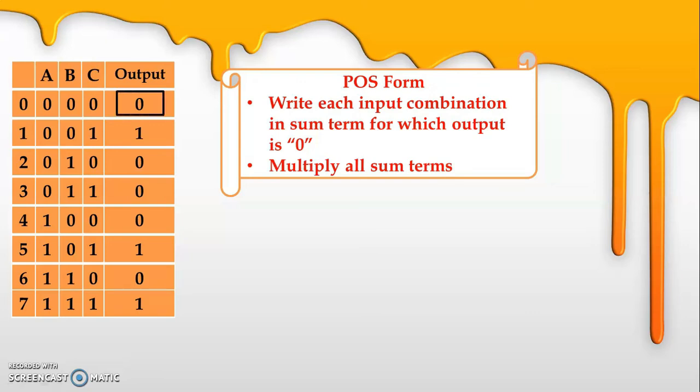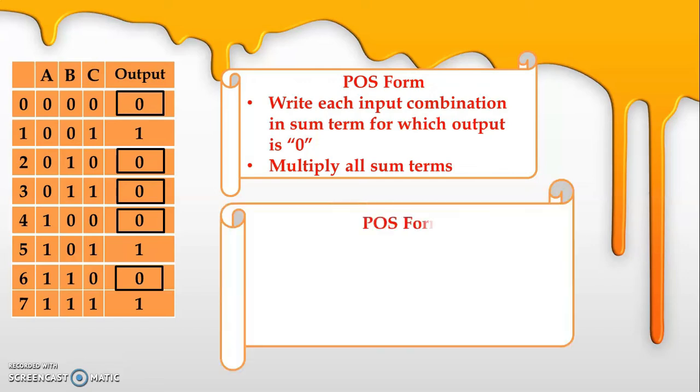Now we identify each output where we are getting 0. So for decimal numbers 0, 2, 3, 4 and 6, we are getting 0 output. We have to write the sum terms for the outputs where we are getting 0.